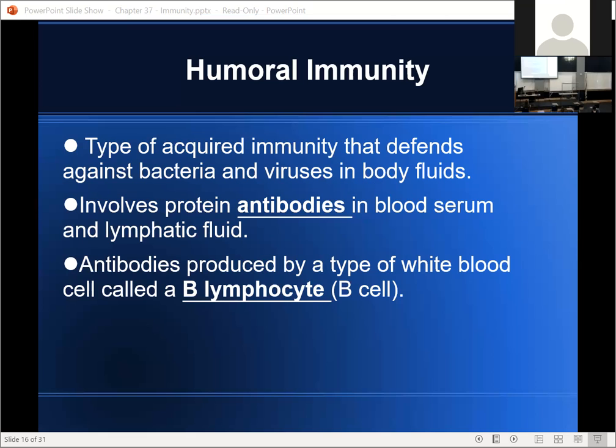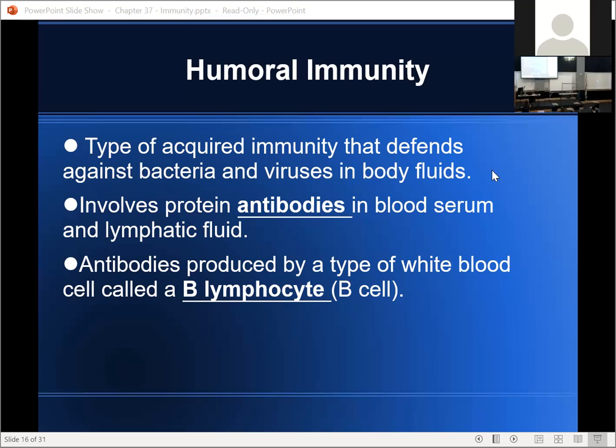So humoral immunity refers to immunity that uses the bodily fluids. Okay, so this is a type of acquired immunity that defends against bacteria and viruses in the body fluids. It involves protein antibodies in blood serum and lymphatic fluid.